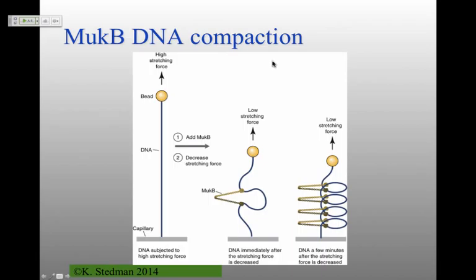But basically, if you have a single piece of DNA and you add one of these SMC proteins to it, in this case it's MukB, then it will bind to this particular piece of DNA and compact it. And the more of these SMC-like proteins that you allow to bind to this particular piece of DNA, it'll get compacted more and more and more. How does that actually work?